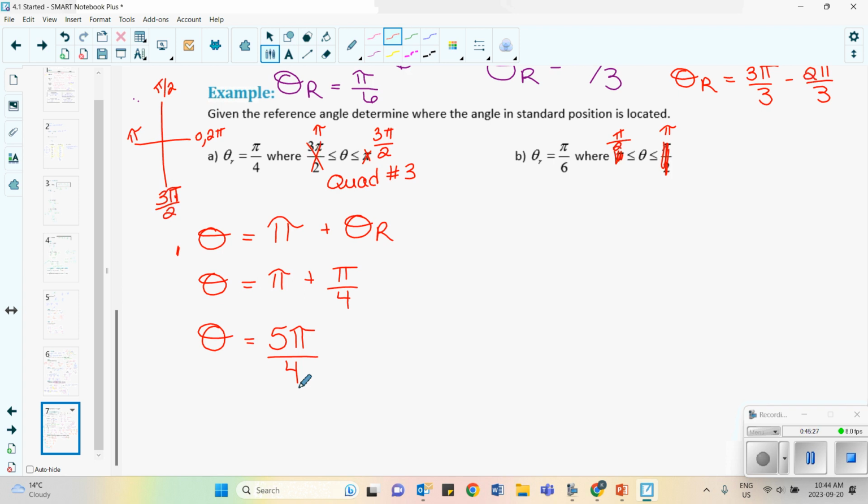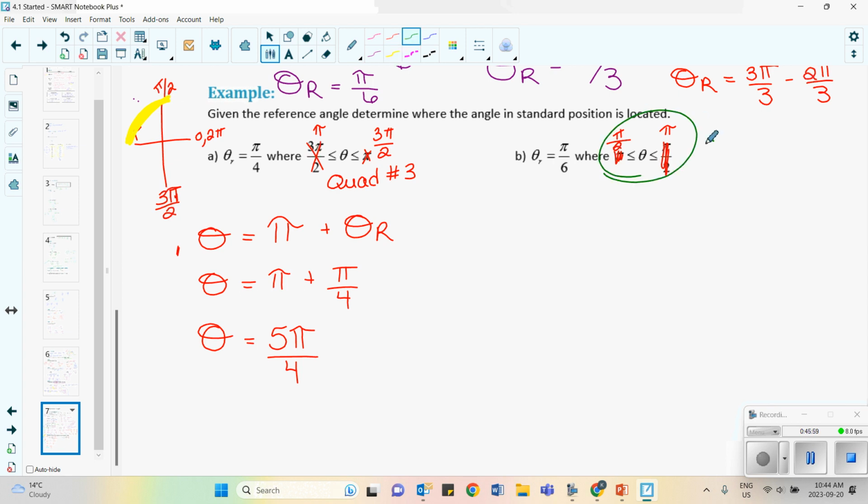Okay, what quadrant is the next restriction in? It's only ever going to be in one quadrant, quadrant 2. Your theta has to be less than pi, but greater than pi over 2. So that is somewhere in there, quadrant 2.